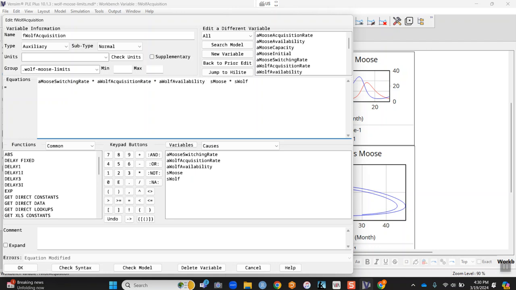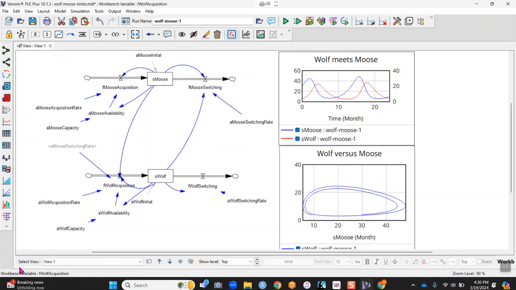It's going to be wolf stock squared in here. And that means it's going to be a potentially very strong interaction. Okay. I think we can run this. Now, watch what this is. Run a single simulation.